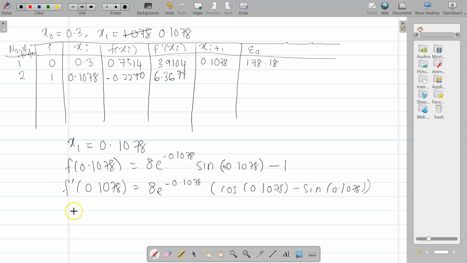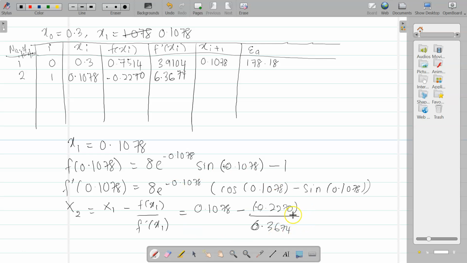And then we can compute this xi plus 1. Remember, I is 1, so xi plus 1 becomes x2 equal to x1 minus f x1 divided by f prime x1. We have here 0.1078 minus negative 0.2270 divided by 6.3674, which is f prime x1.